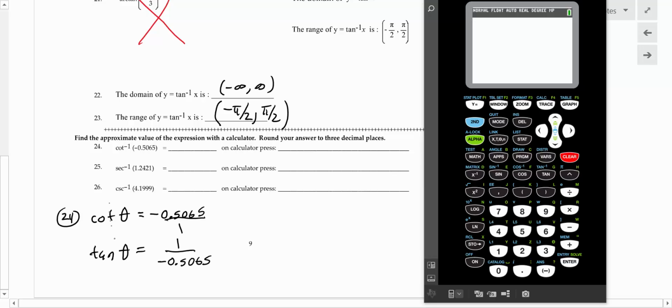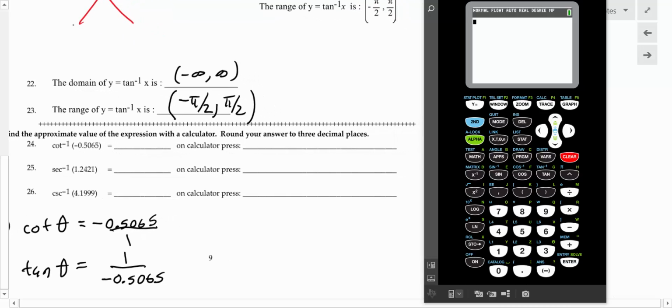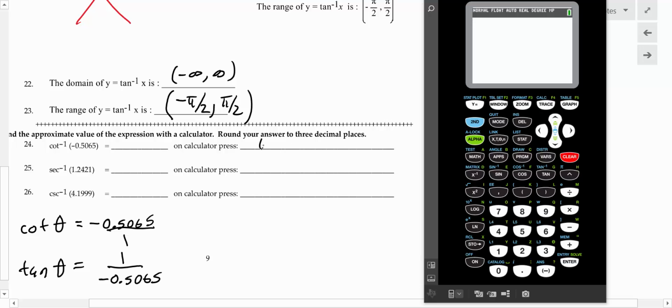So the way you're going to put this in your calculator is like this. If you're doing an inverse cotangent, and you want to get this written down so that you know how to do this, you're going to do inverse tangent of, and you've got to have the negative in there somewhere, so just do negative 1 divided by 0.5065. That's how you do that.